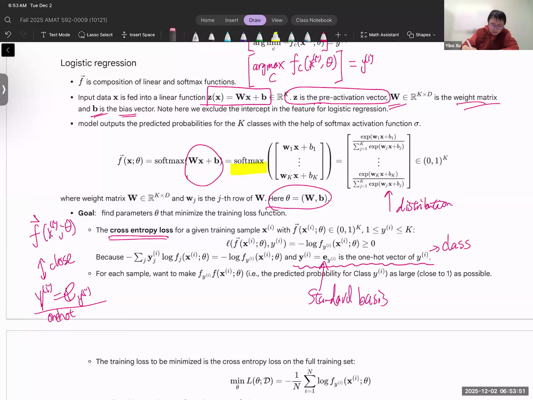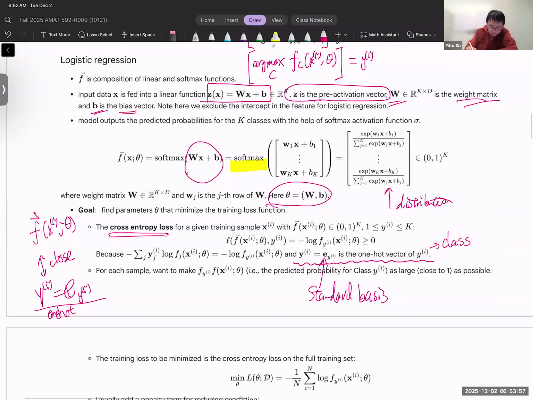Essentially, when you're doing this, you're just doing the cross entropy, so you are looking at the yi component.